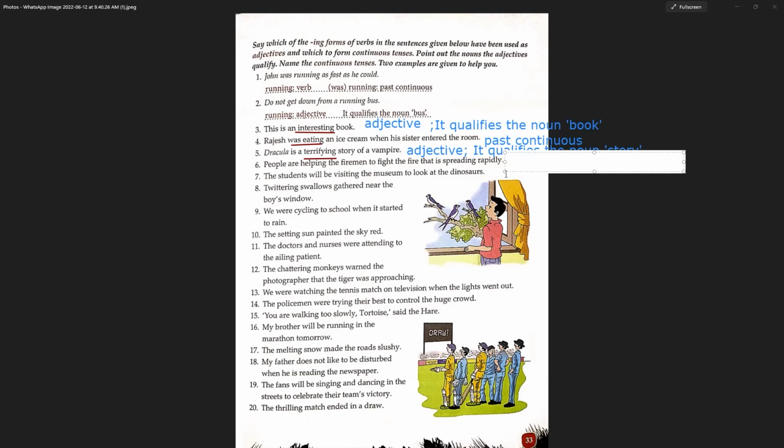Okay, what happened there? There's a fire. So people are helping the firemen to stop the fire spreading rapidly. What is rapidly? Rapidly means in a speed. It spreads quickly, so people helped to stop it.